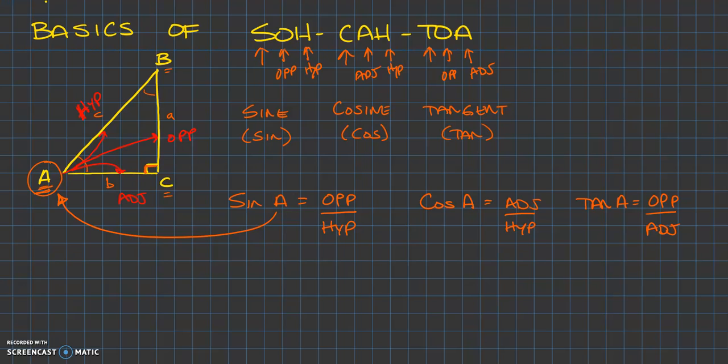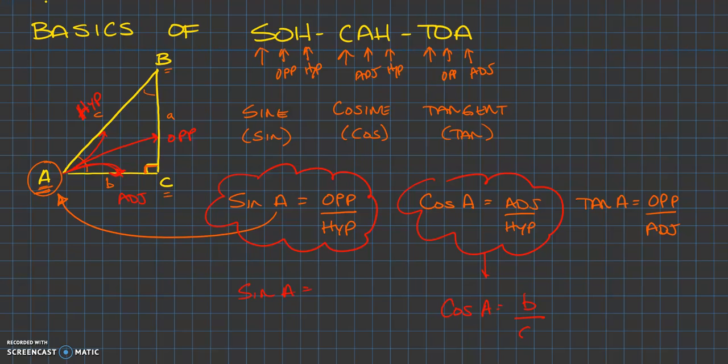So again, if we come here and look at the sine of A, it is equal to opposite over the hypotenuse. Now we'll put some numbers on this in just a moment. The cosine of A is going to be the adjacent side divided by the hypotenuse. So if I were to use my letters, the cosine of A would be B over C. Let's go back and do that here.